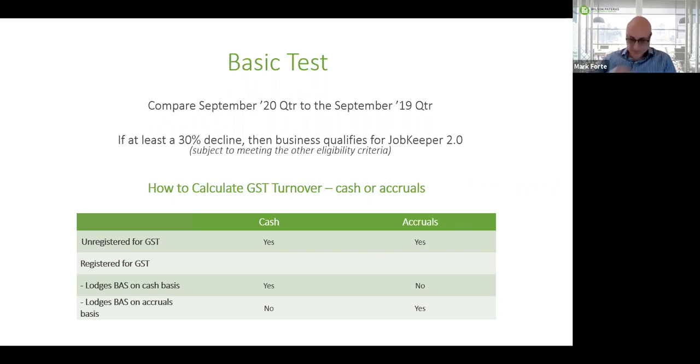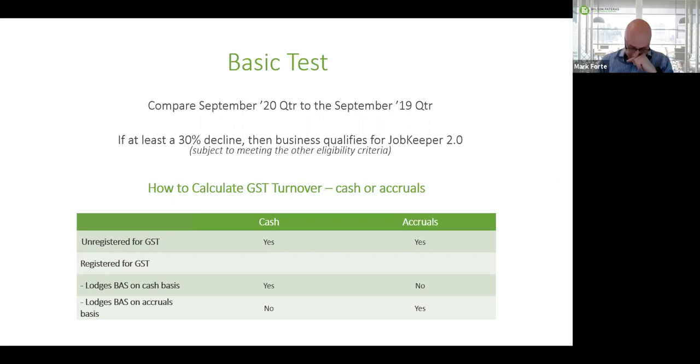So then, in terms of GST turnover, this is an interesting concept, and it can get a little bit confusing, a little bit tricky. So just a few things to be mindful of. If you ever want a light read, you can always read Law Companion Ruling 2020/1, and it goes through what's included in GST turnover.